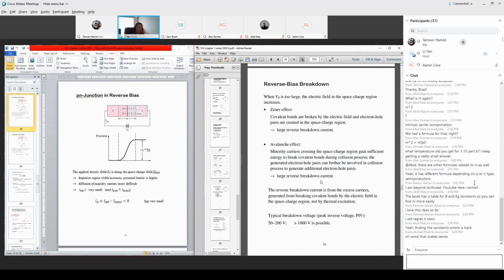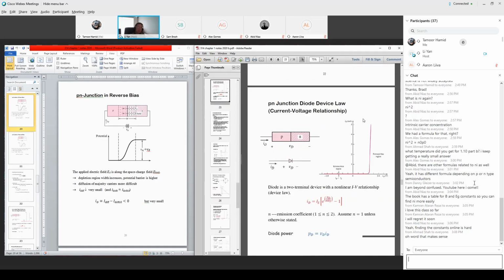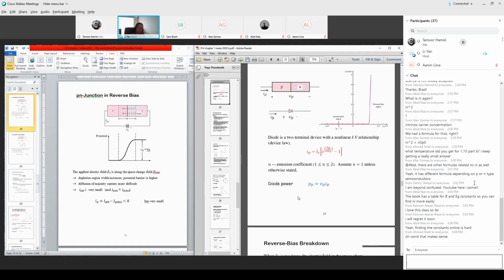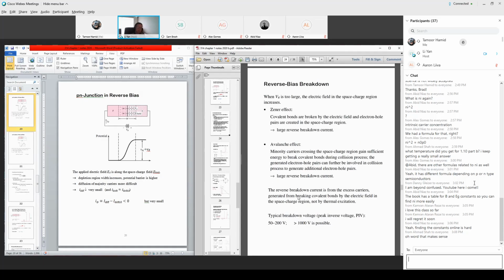So previously, we discussed this current voltage relationship is a bit ideal. Ideal just says what? We have forward bias, that's fine. We have reverse bias, but before we reach reverse breakdown, the situation changes.